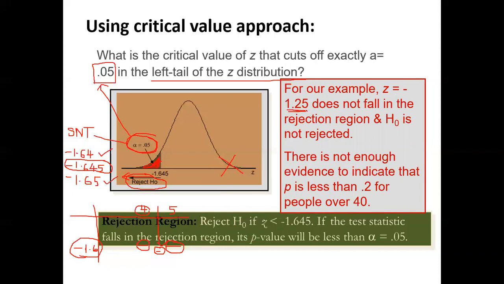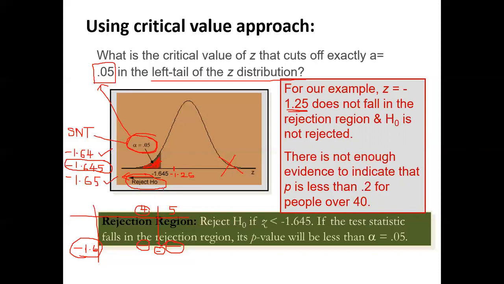Negative 1.25 is not in the rejection region. It may be somewhere around here. Does it fall in the rejection region or not?